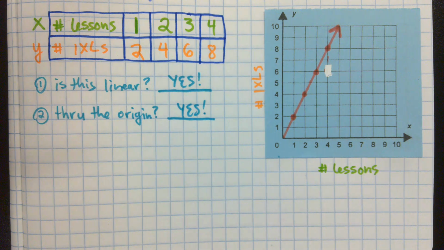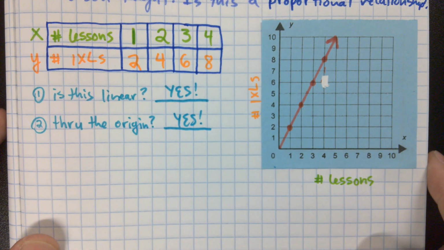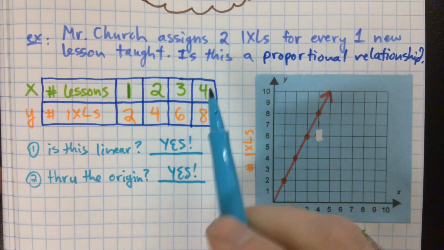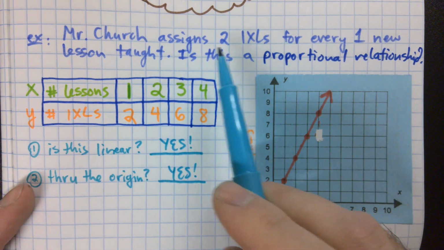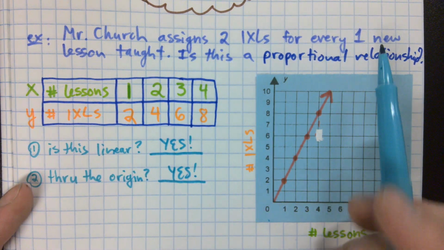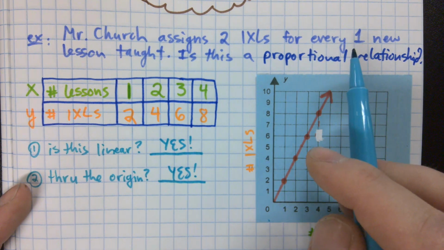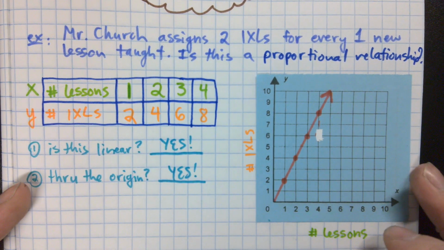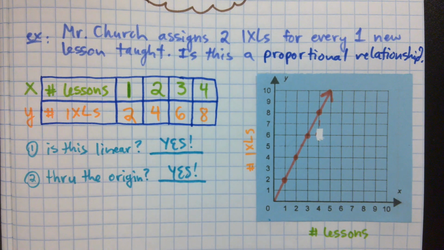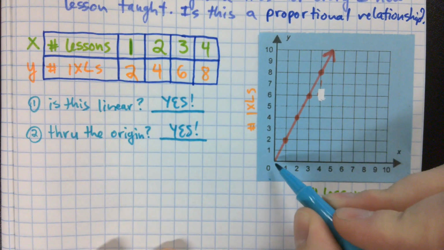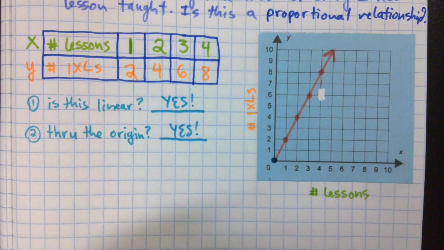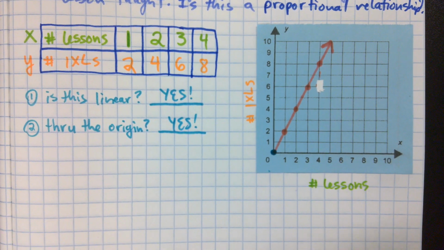And let's think about it logically, in the context of this problem. If I assigned 2 IXLs for every 1 new lesson, and you come in and we don't learn any new lessons, how many IXLs would I assign? 0. So 0 lessons, 0 IXLs. That's this point right there, 0, 0.